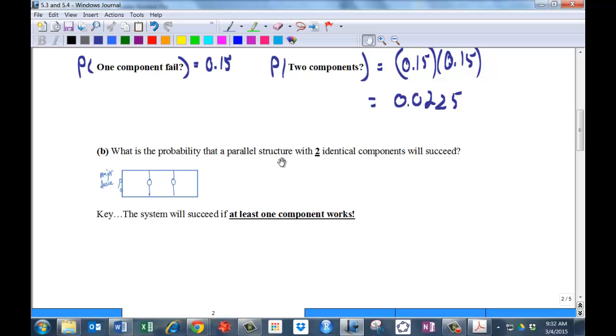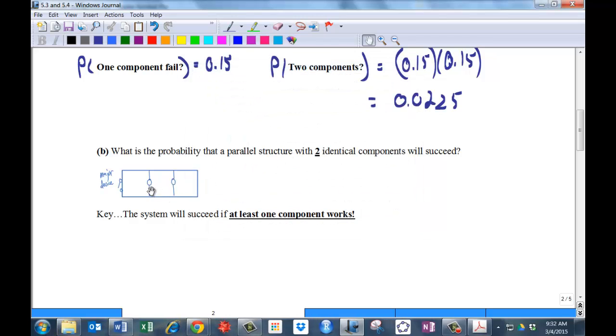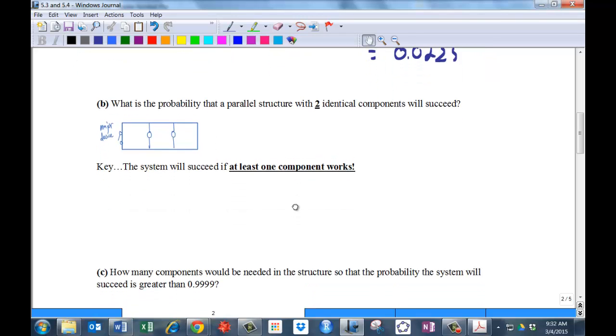Probability that a parallel structure with two components succeeds. So here I've drawn out a parallel structure with two components, right? And the system will succeed as long as one of them succeeds, right? So let's again list out every possible occurrence. We've got first component, second component. It can either work or fail: work, work; work, fail; fail, work; fail, fail.